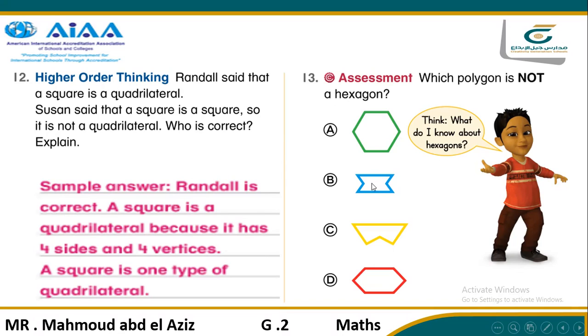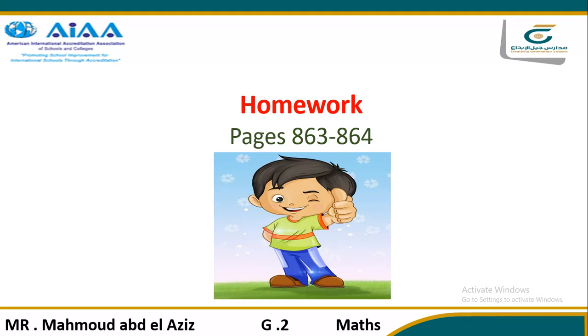What about B? 1, 2, 3, 4, 5, 6. So it's a hexagon. What about C here? 1, 2, 3, 4, 5. So that's not a hexagon. It's a pentagon. So we will choose it. What about D? We have 6 sides. So it's a hexagon. Excellent, dear students.